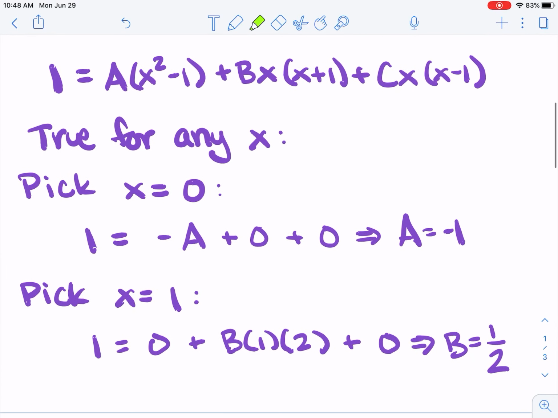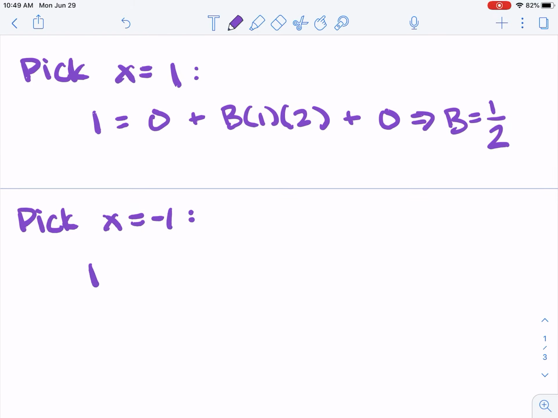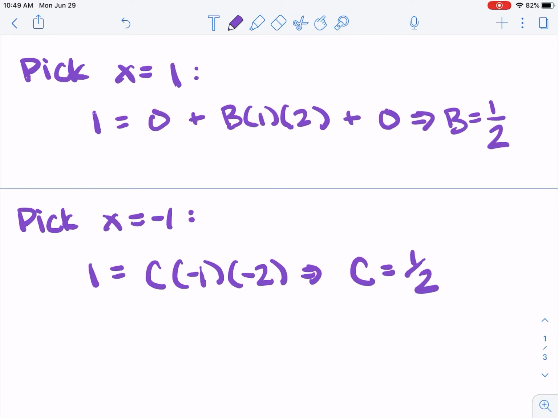Oh no, I get a 0 here as well. So 0 here and here if I pick x equals negative 1. And that leaves me with c times negative 1 times negative 2. So I have 1 equals c times negative 1 times negative 2. So c equals 1/2 as well.